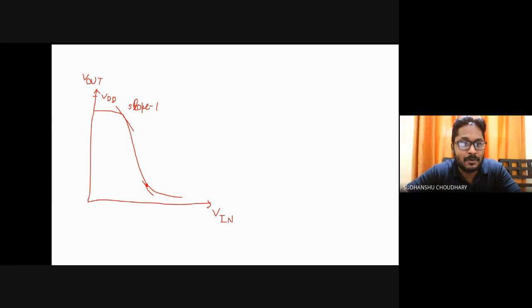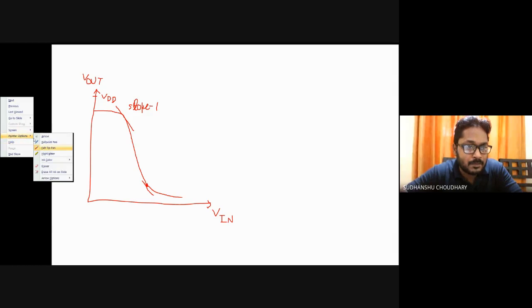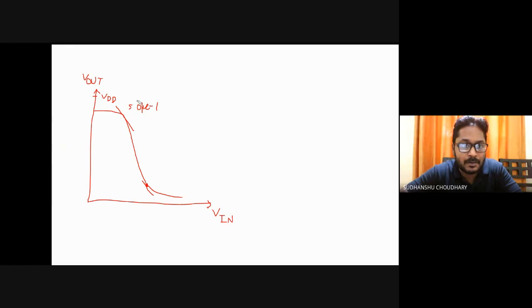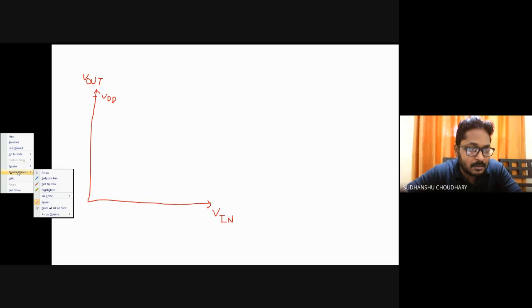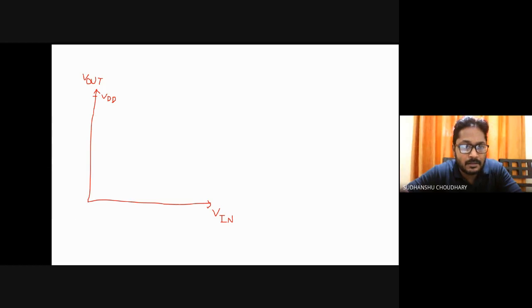Now let us talk about the other technique by which these points can be located on the VTC. For that, let us draw this VTC once again. And we also draw the inverse of this VTC, similar to what we had seen earlier.